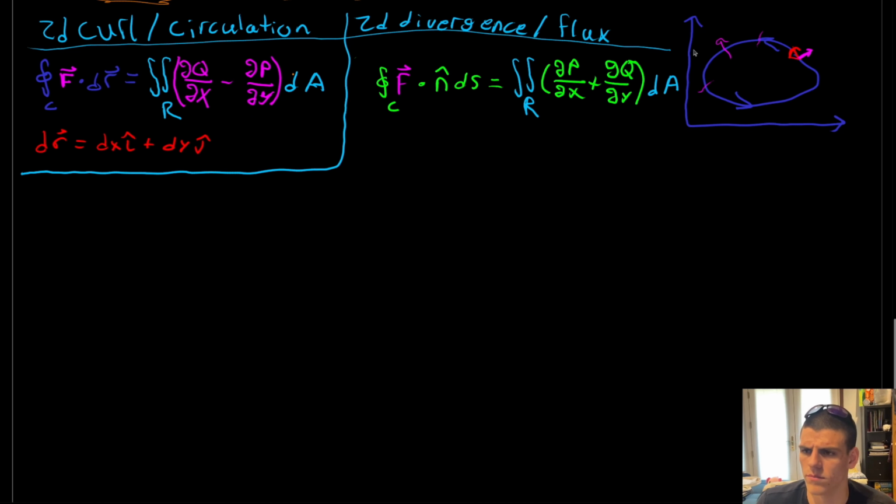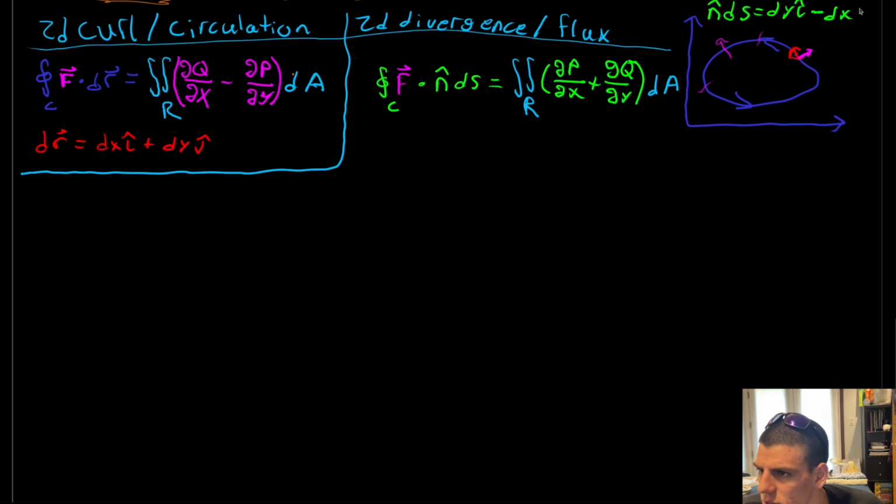So it's pretty simple to rotate a vector 90 degrees clockwise. We'll just write our little n ds as dy i plus, oh, actually, we will go minus dx j. And you can see why that is.